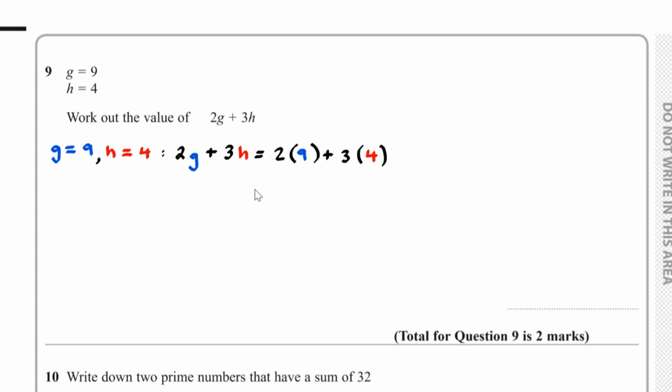And it turns out here we get 18 plus 12, which is equal to 30.